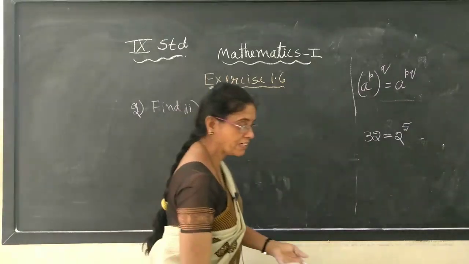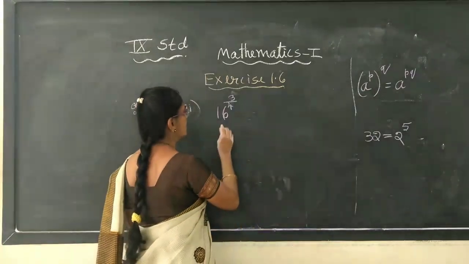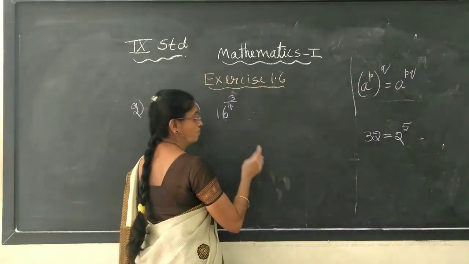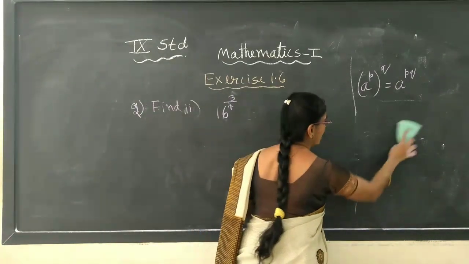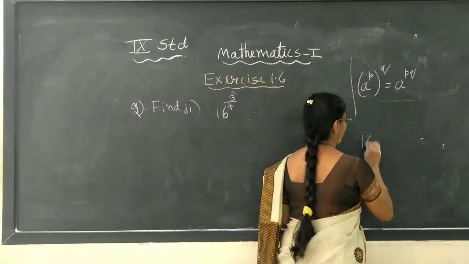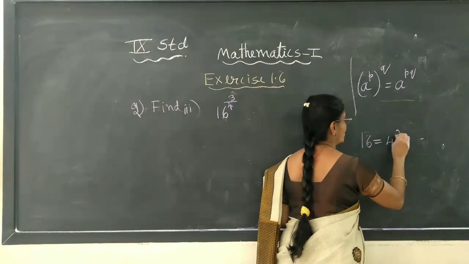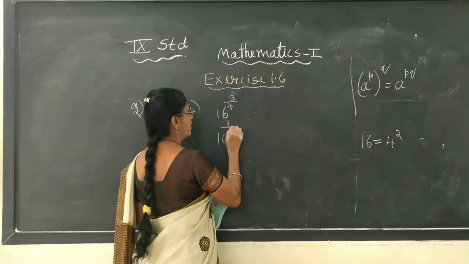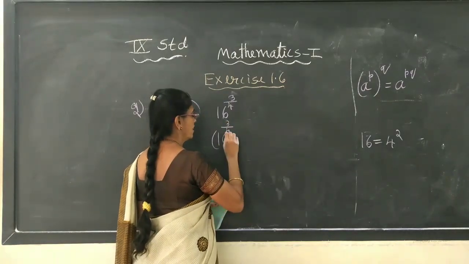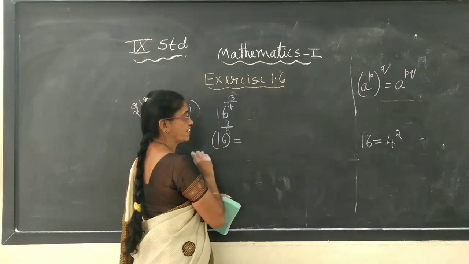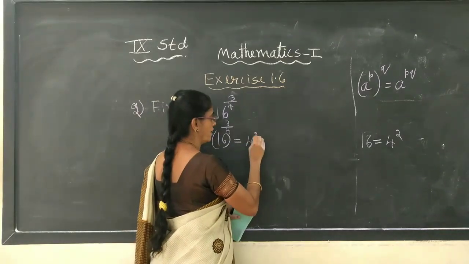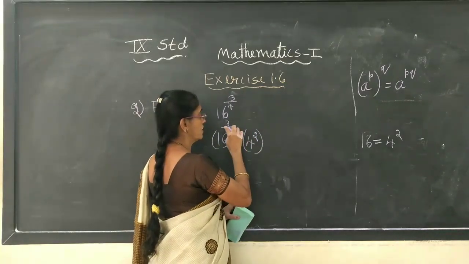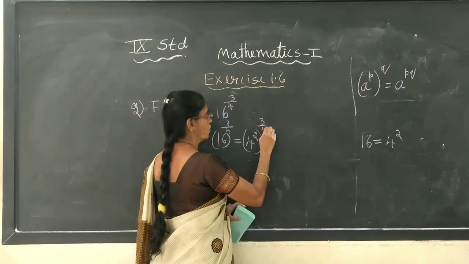Now 16 can be written as which square number? 16 is which square? 16 is 4 square, right? You are right, it is 4 square. Now 16 to the power of 3 by 4, this 16 I will write in the form of exponential form, it is 4 square, then the power is there, it is 3 by 4.